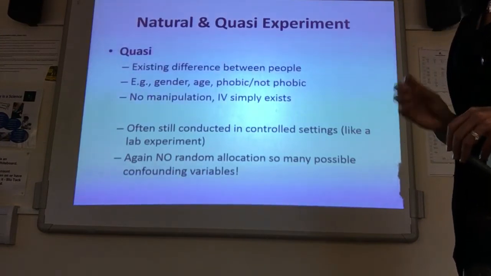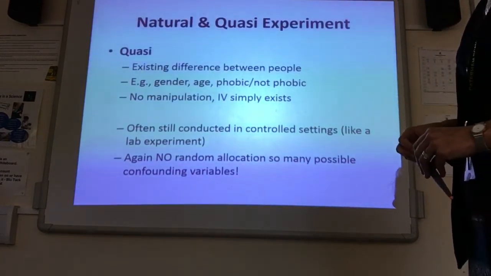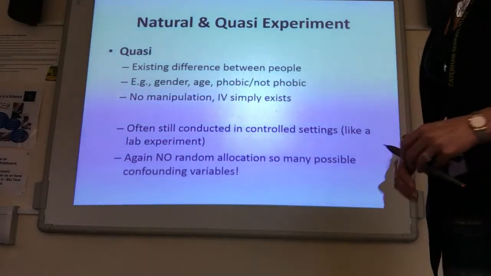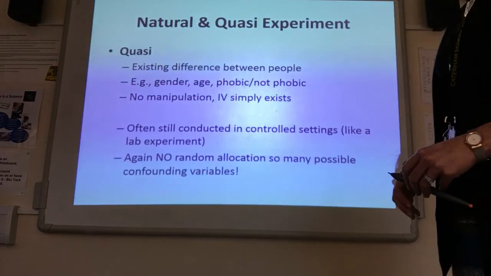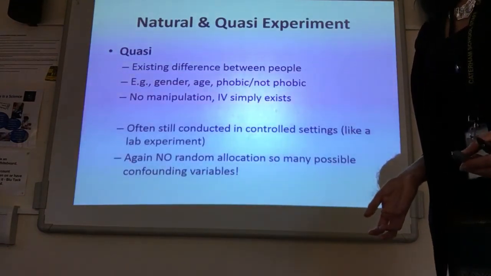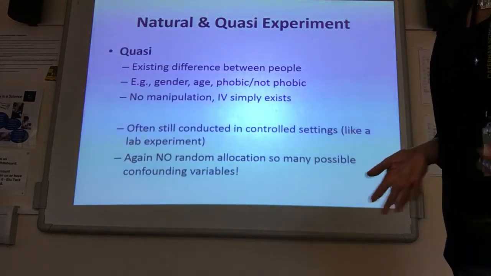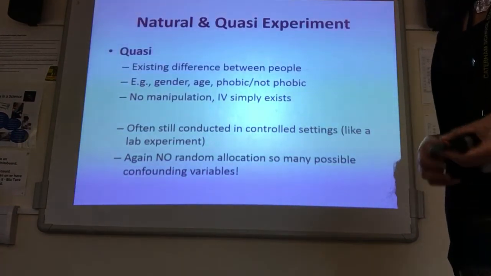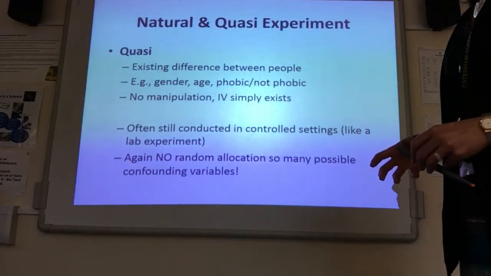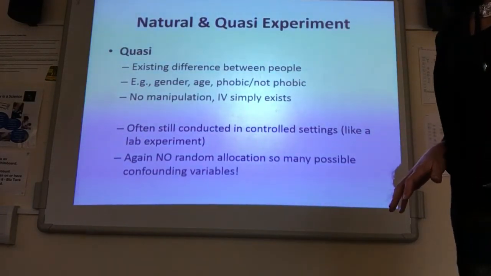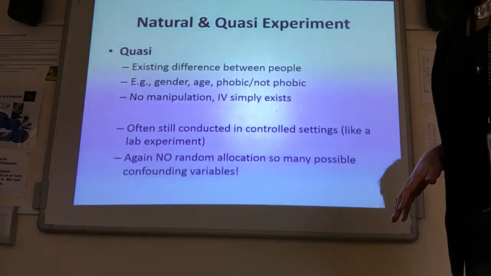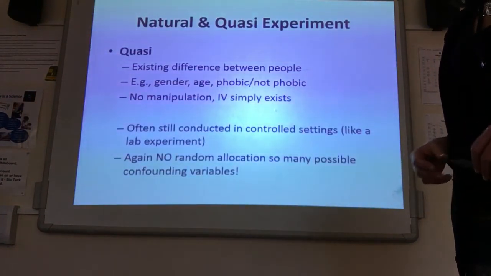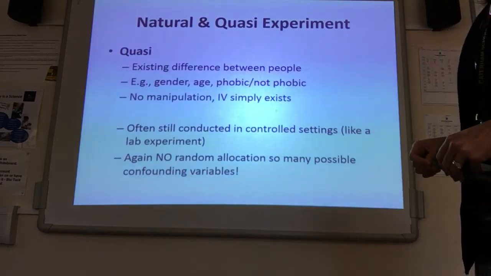So a quasi-experiment is very much about a pre-existing IV, for example, gender, male and female, age, young and old, or it may be something more to do with a psychological disorder, phobic versus non-phobic group, depressed versus non-depressed group. They are pre-existing differences between people, and therefore there is no manipulation, there is no naturally changing variable that is investigated. It is pre-existing. It simply exists.